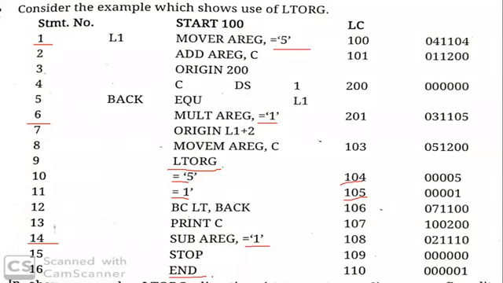There is no LTORG statement, so this literal is processed after the END statement. Then the memory location is assigned to this particular literal =1: 110 is the END statement's memory address, and 111 is the new address assigned to this literal, =1.